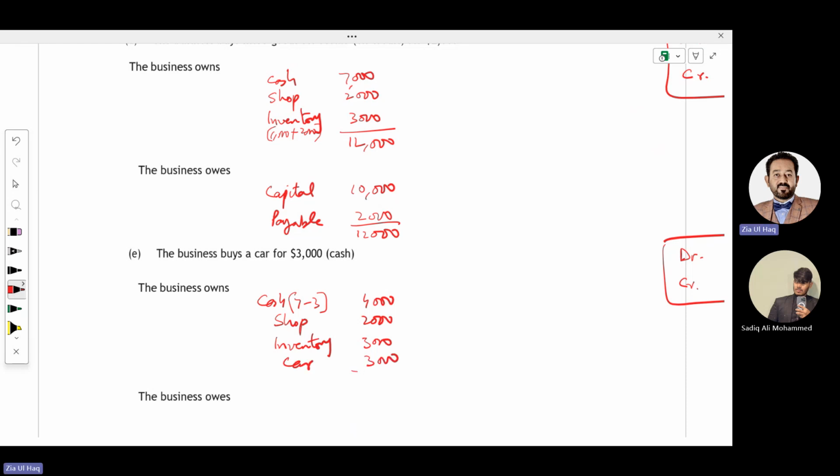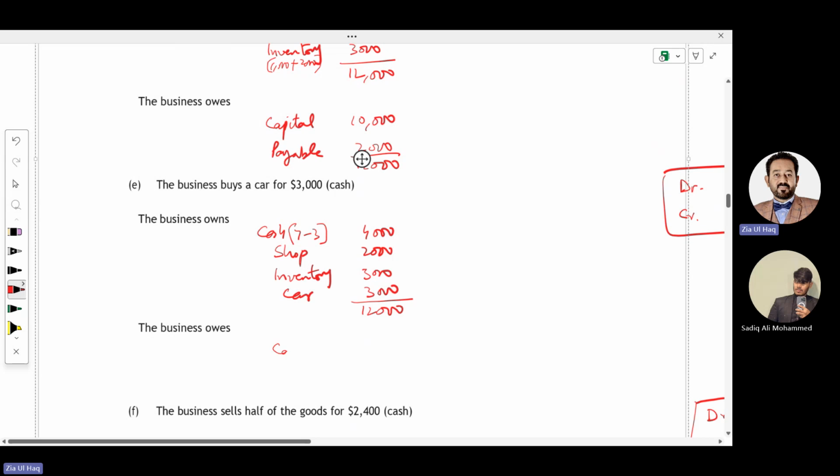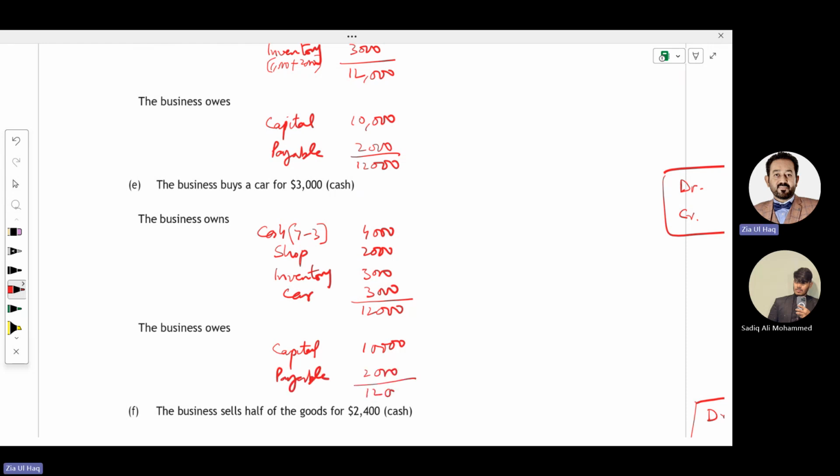What does the business own? The same 12,000. And what does it owe? The same capital of 10,000 and payable of 2,000. Altogether own and owe are equal.